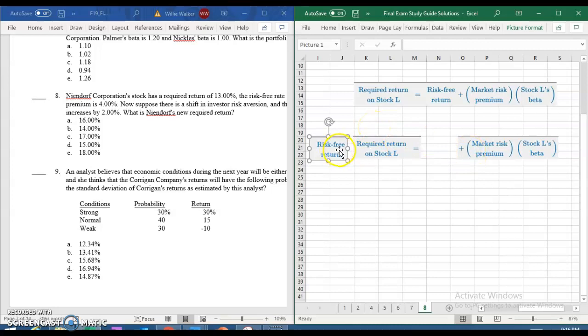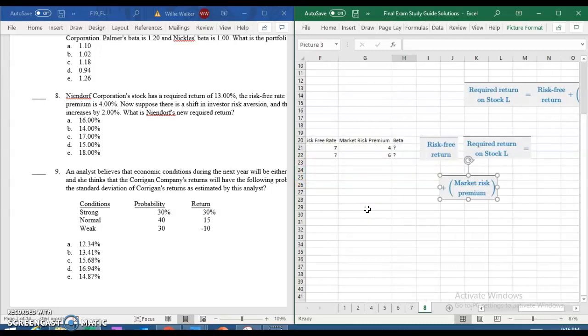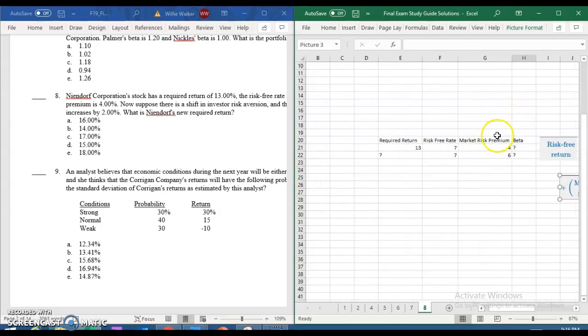And then we take this whole thing and divide it by the market risk premium, right? So that's exactly what I'm going to do. I'm going to subtract the risk-free return rate from the required return, and then I'm going to divide that by the market risk premium to get my beta.